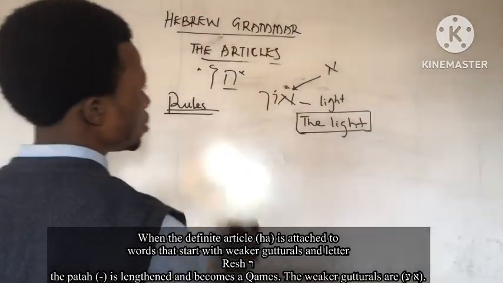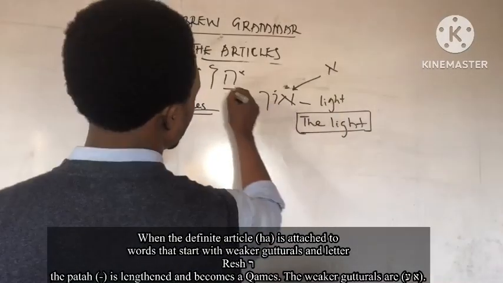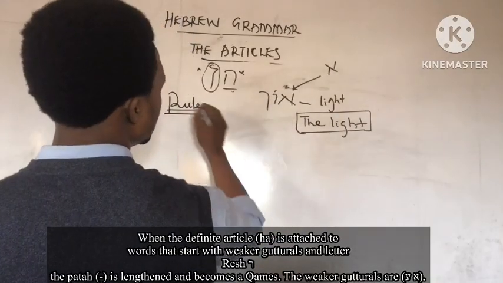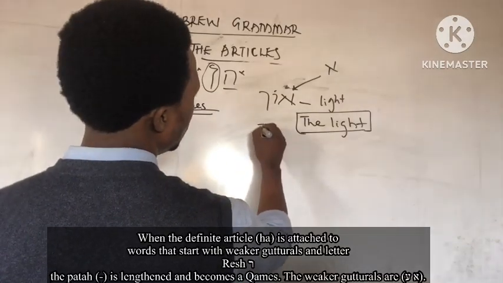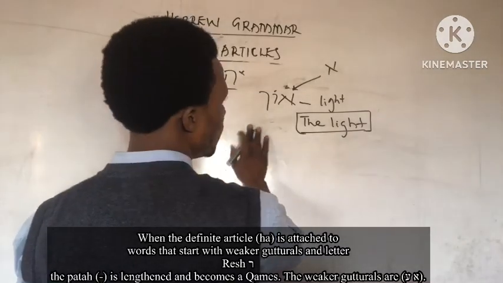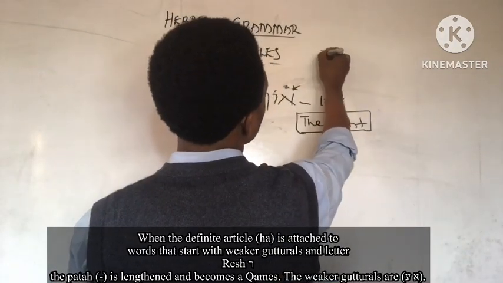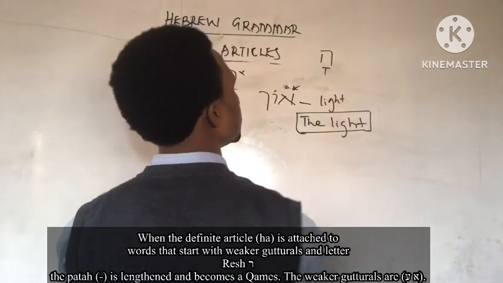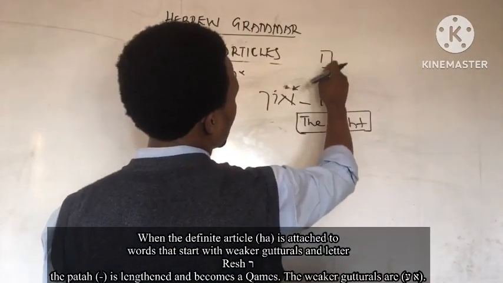Now adding this article to or, the lamed will be removed, and the patach will become a long a. It will now turn to a long ha, which is he with a kamet.